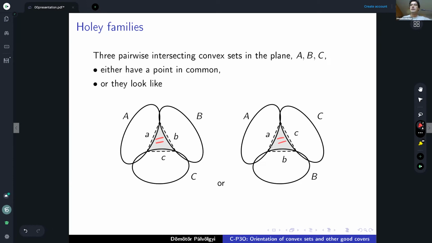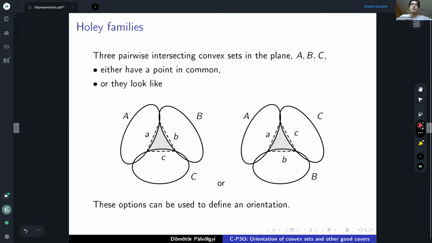We call this the hollow, although I won't use this word in this talk too much. But you can already see how to define an orientation. Either they go like this or like that. So depending on whether we are on the left or the right option, I will define an orientation.